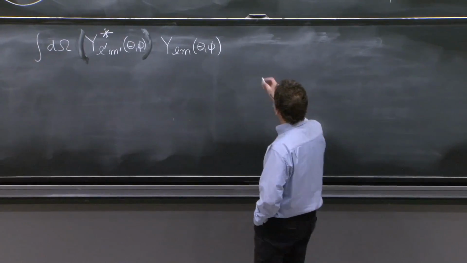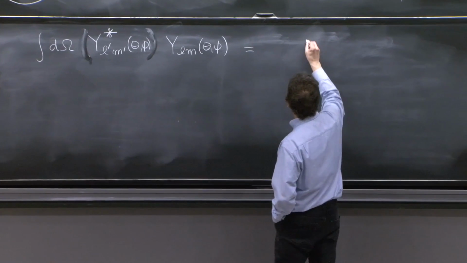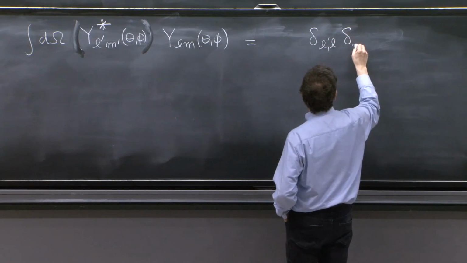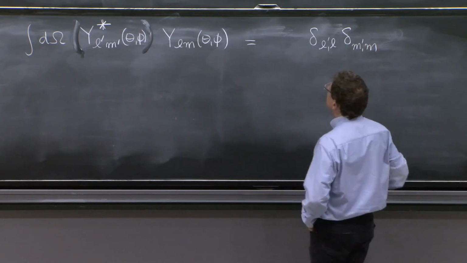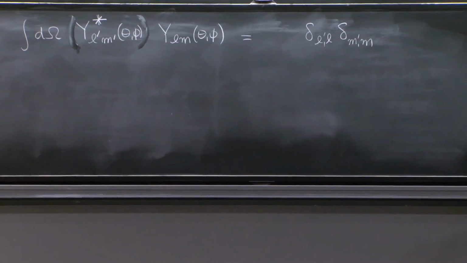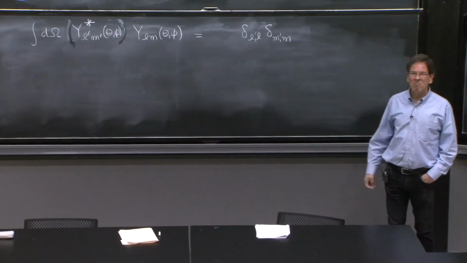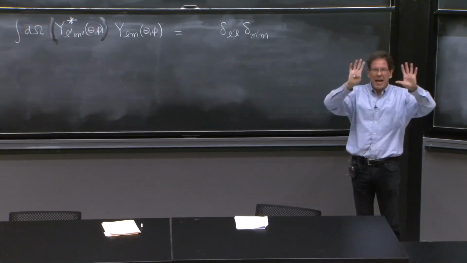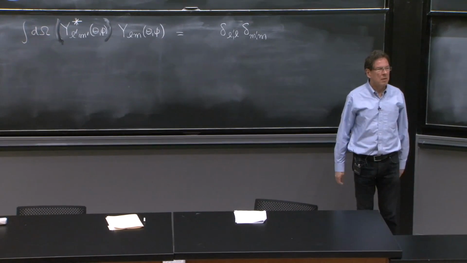So at this moment, you should get a delta L prime L, delta M prime M. And if L and M are the same as L prime and M prime, you have the same spherical harmonic.